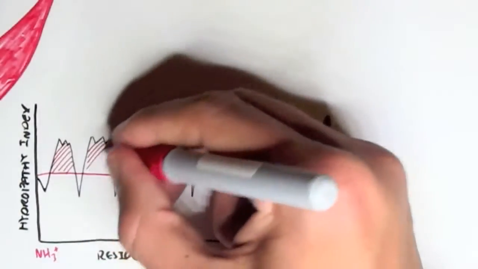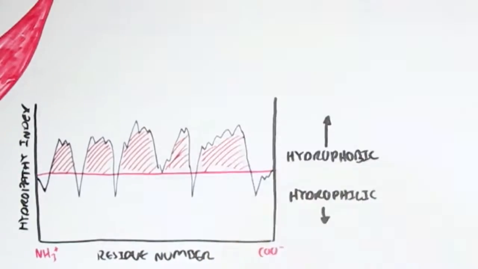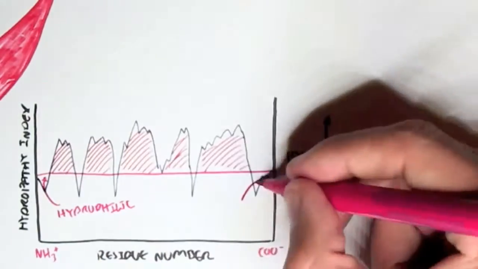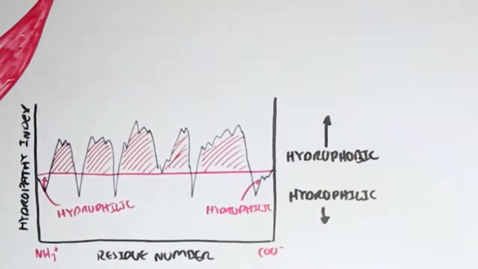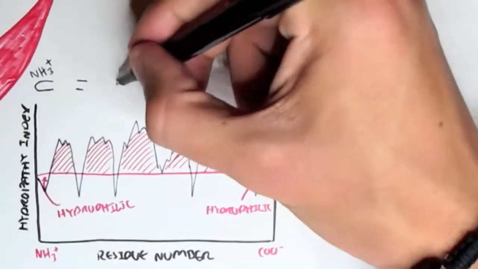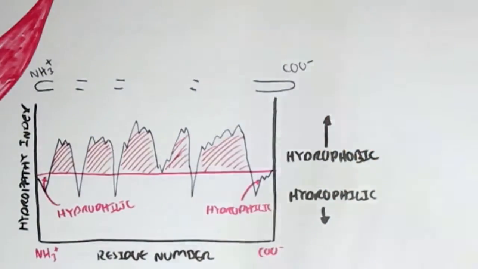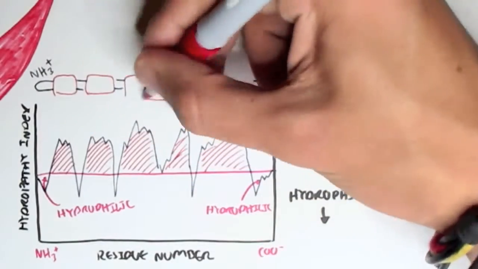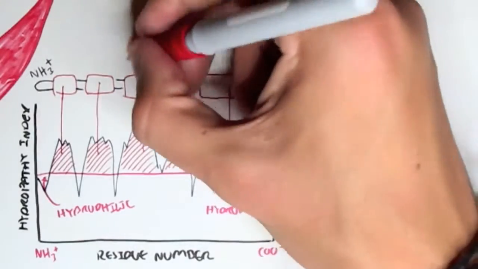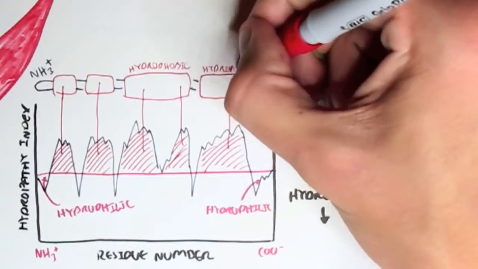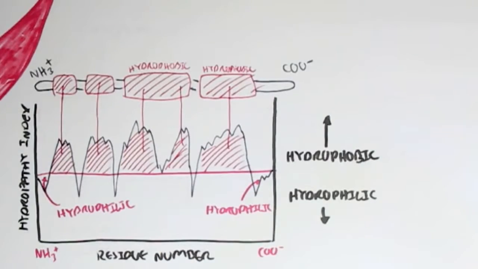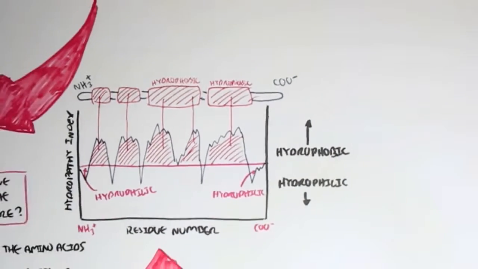And as you can see, the amino group, which is the front, and the carboxyl group, which is the end of the protein, are hydrophilic, and that is why they are facing the fluid, the intracellular and extracellular fluid. So here we have the amino group and the carboxyl group, and this red area are hydrophobic, and these hydrophobic regions you can say are the 7 alpha helices which are in the actual membrane because they're hydrophobic.